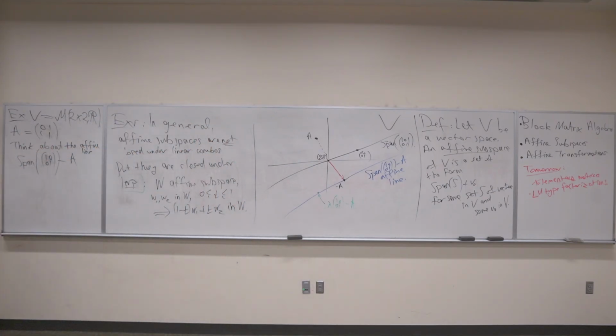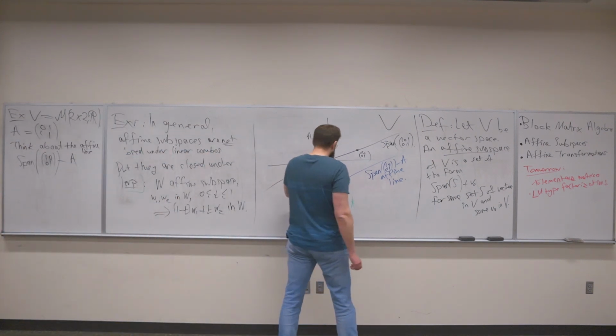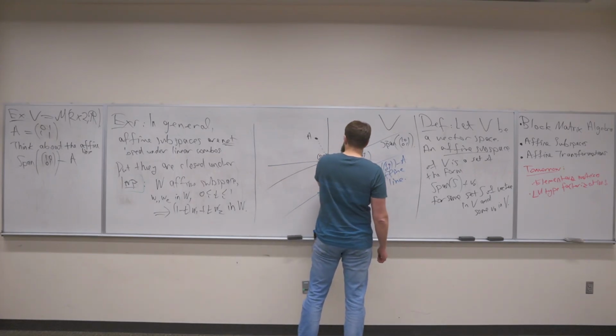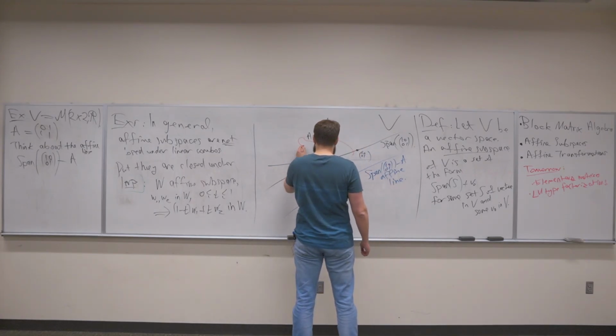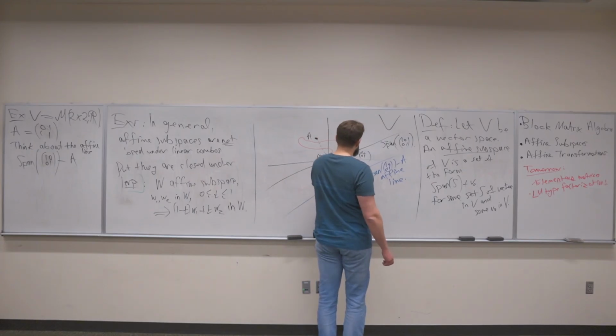So I'll try to draw this like so. This is not an accurate description, of course, but A also is invertible, we know. So maybe like this. There's like a gap here, like so.